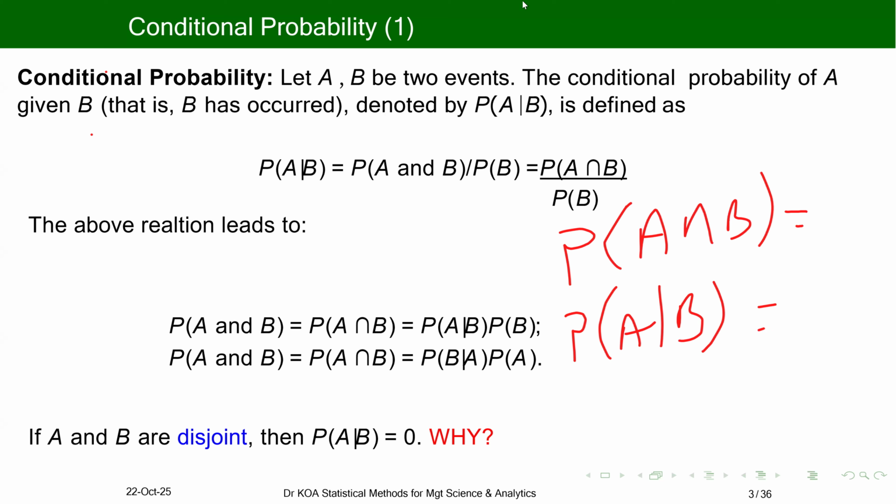What you have on the right-hand side of the joint probability is actually P(A given B) multiplied by the probability of B. So the joint probability is actually the conditional probability multiplied by the second event.